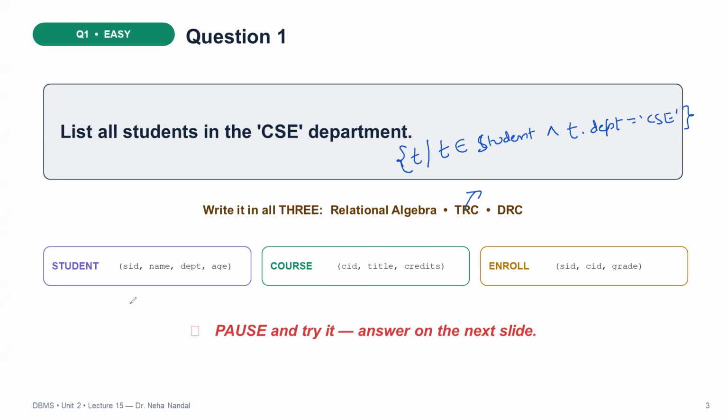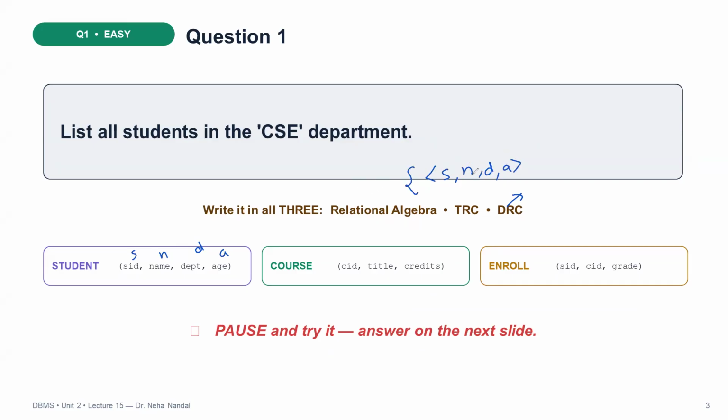Now let's try the third one. I hope you are getting this. For any doubts, please drop the comments. So DRC. In domain relational calculus, we want to display everything, so we are giving names to them: S, N, D, A. We have to give it in the form of S, N, D, A like this. Instead of T, we mention all the columns which we want to display.